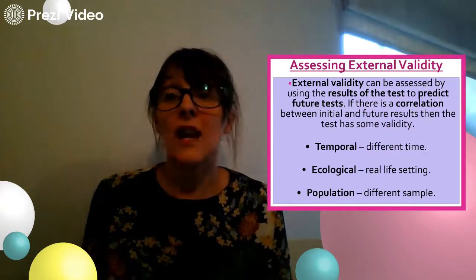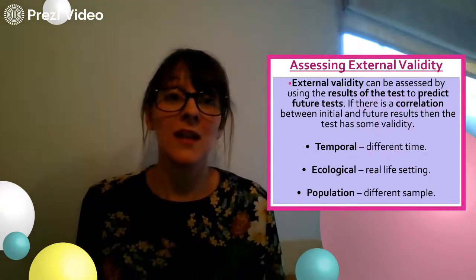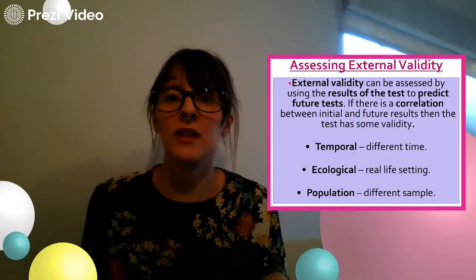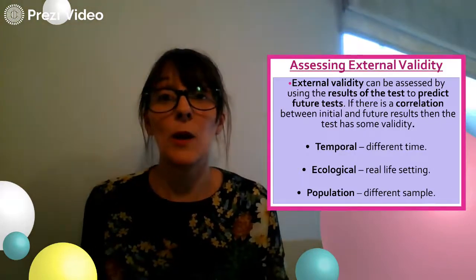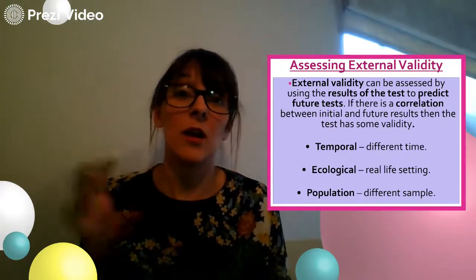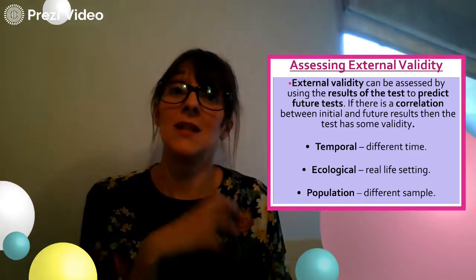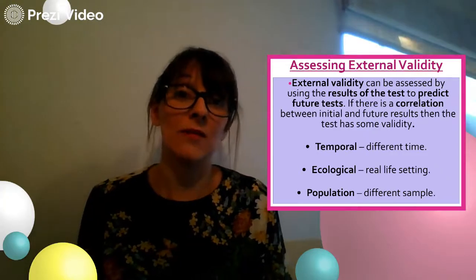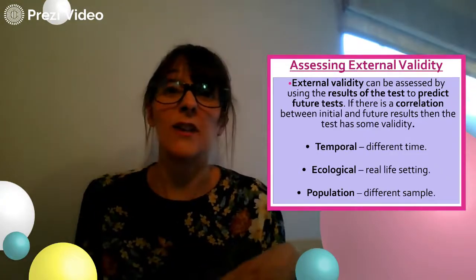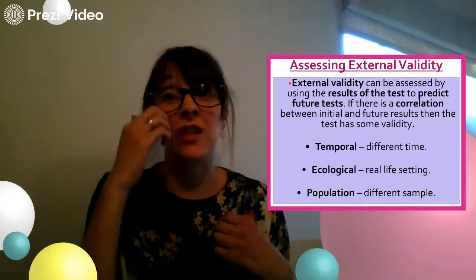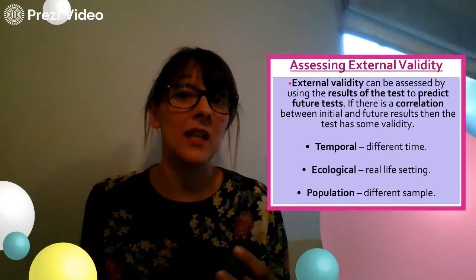I could use Asch's experiment in today's society and I could test temporal validity. So I could take his experiment, do it today, and I could say, according to Asch, this is what's going to happen. And if I found the same results, then I could say, yes, his experiment is temporally valid. If I found different results, then I could say, actually, there is an issue with temporal validity here.